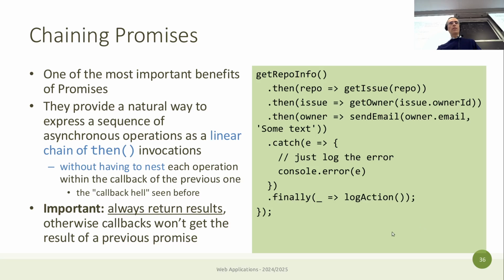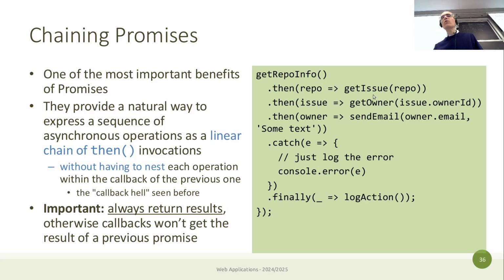There's one important point to remember. If you want a value to pass from one promise to the next one in the chain that you declare, you need to always return the result from the callback. So the callback has to have a return value, which looks a bit implicit in this example, but you remember that arrow functions have an implicit return value.